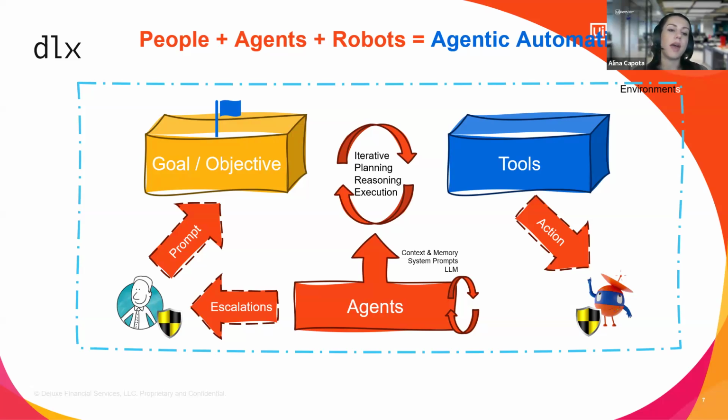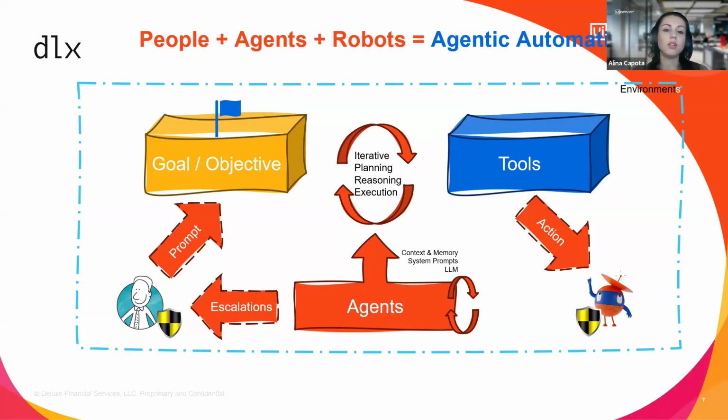Then we have the agents that can understand that, and they have access to the tools which can run actions. Actions are UiPath automations. If agents don't have the right information, they will also escalate. The agents are able to understand the goal or objective that we want to reach, and they are able to create an execution flow, or agentic loop, as we call it, in which they can assess the set of tools that they will need to access in order to perform this task.